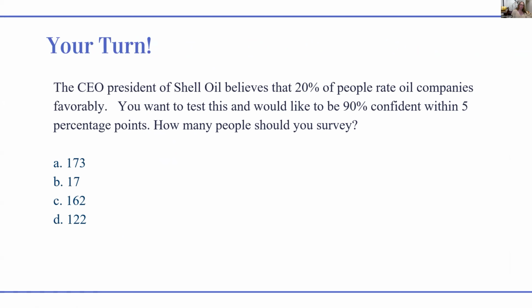So the final question is the same basic scenario. This time the CEO believes that 20% of people rate oil companies favorably. You want to test this. Do they really? I don't know. Let's test it out. So you want to be 90% confident that the true mean is within 5 percentage points. How many people do you survey?